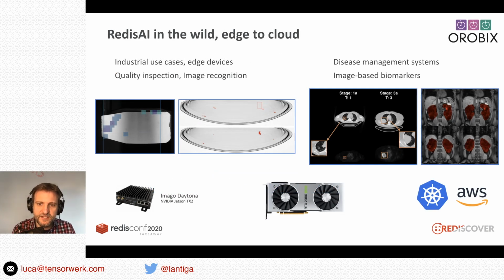And RedisAI is not something that is brand new and untested. At the parent company that TensorWorks spun off from, Orobix, which is a company I co-founded a number of years ago, we're using RedisAI in production in different environments, from very small devices like the NVIDIA Jetson TX2 that we use for industrial vision application, to servers with GPUs on top, which we use for either computer vision, industrial computer vision application, or medical imaging application, all the way to using it in a Kubernetes cluster on a private AWS cloud, which we're doing with a pharma company.